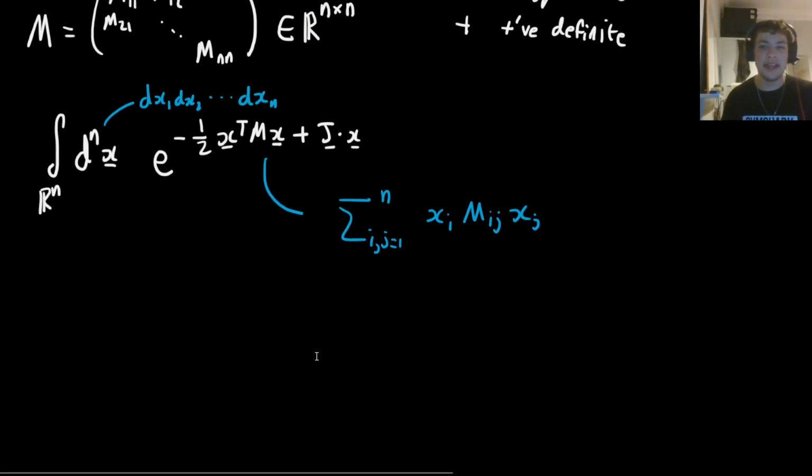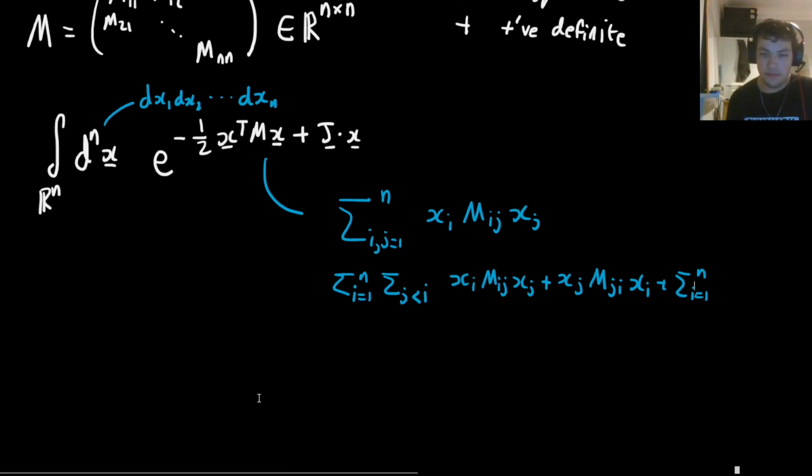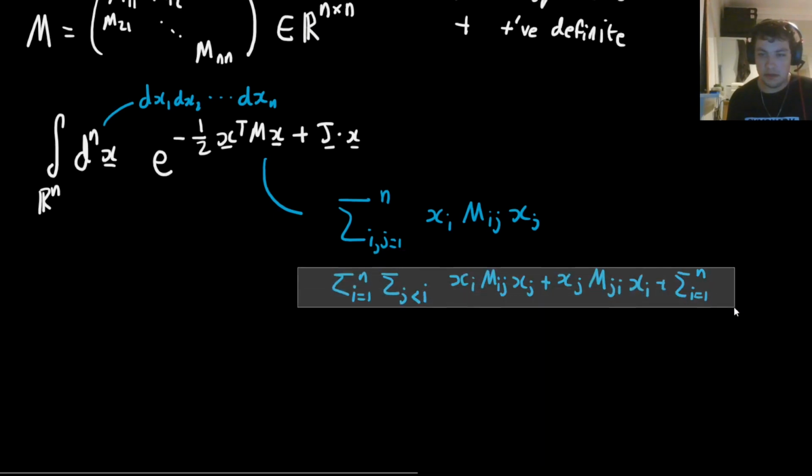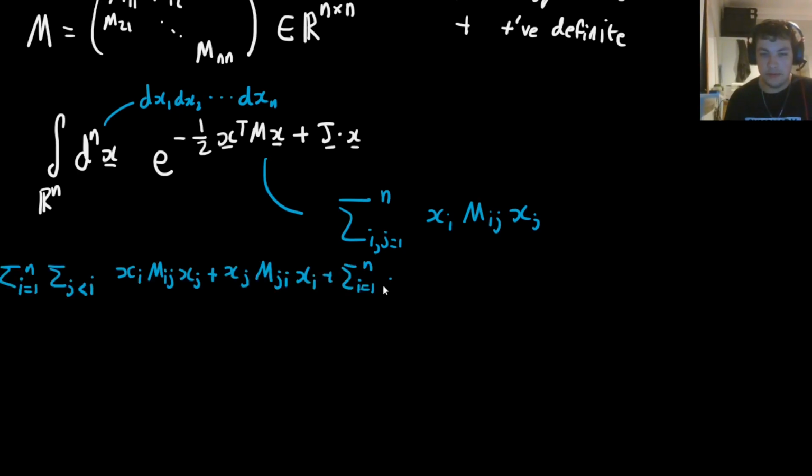And so that's why we can say that M is symmetric, because we get that it's going to be the sum from i equals 1 to n, sum over j less than i, of xi Mij xj plus xj Mji xi, and then plus the sum over just the i's of Mii xi xi. Let me move this slightly so you can see it better.